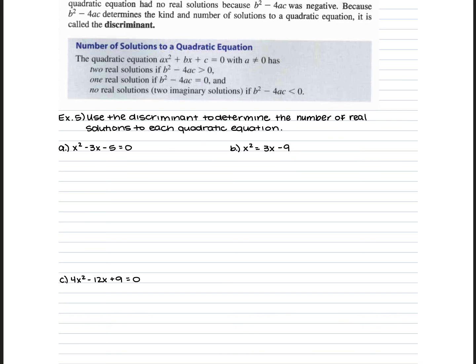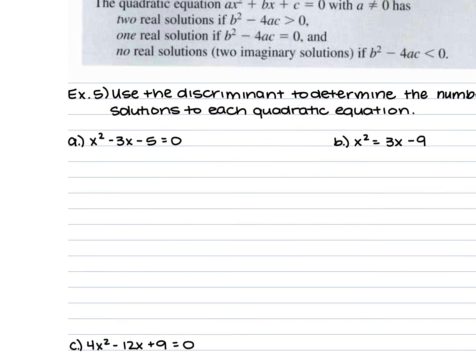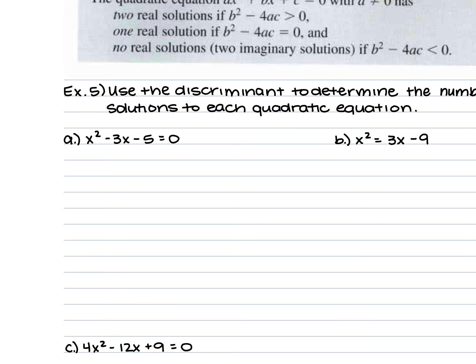If we look at example 5a, we have x squared minus 3x minus 5 is equal to 0. All of our terms are on the same side of that equal sign, so we identify our a, which is 1, b, which is negative 3, and c, which is negative 5. Use your discriminant of b squared minus 4 times a times c and simplify.